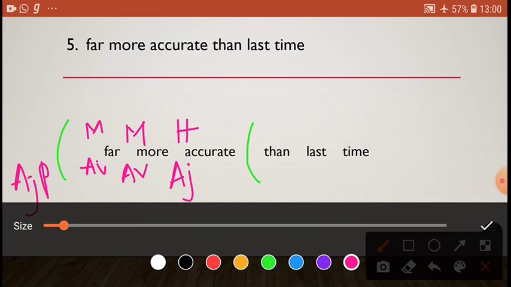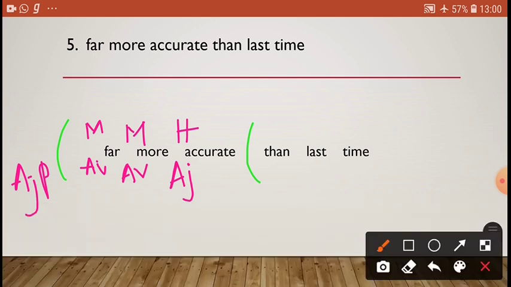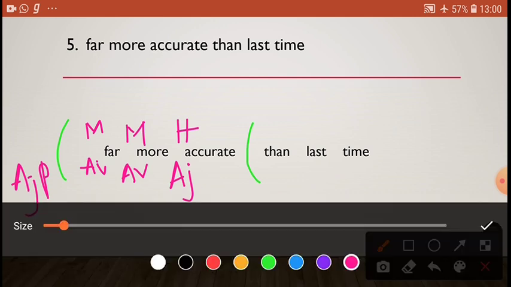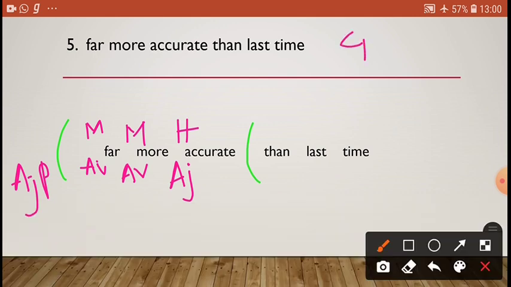See, than can have two forms. One is conjunction and second is preposition. Which form can we apply here?